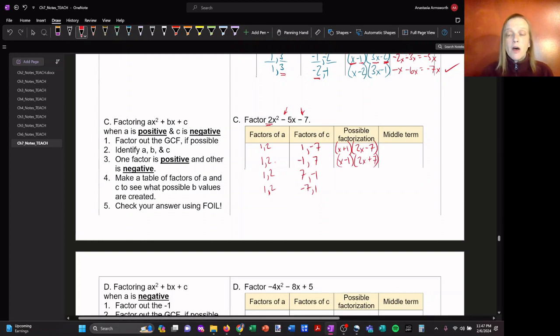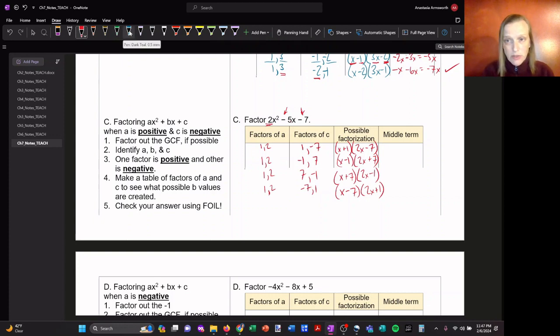When we have this third set, we have x plus 7 times 2x minus 1. And when we have x minus 7, we have 2x plus 1. So those are all of our possible factorizations.